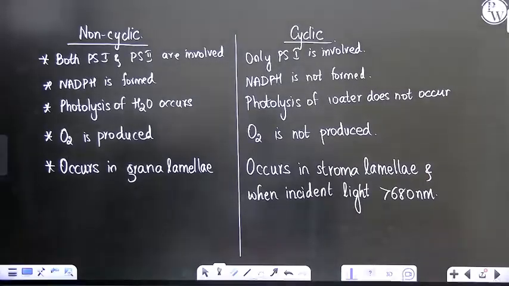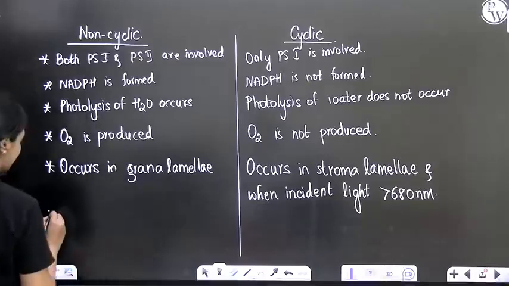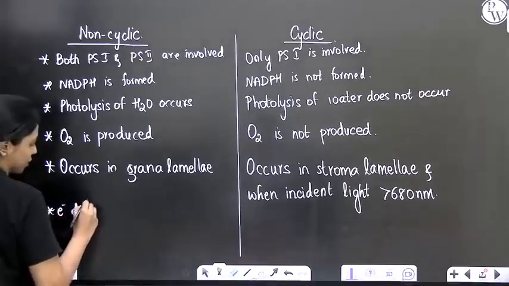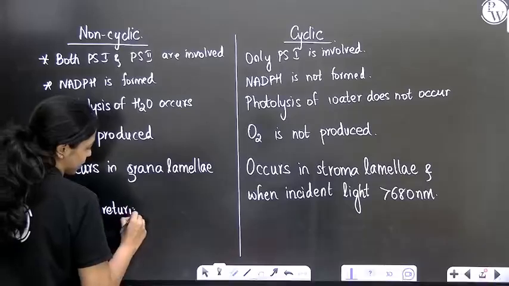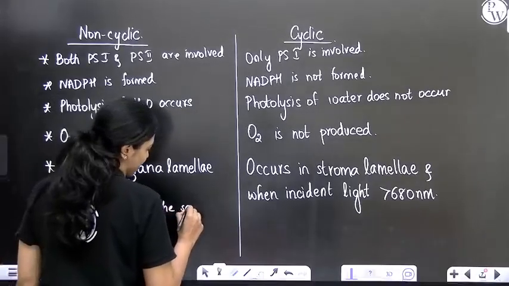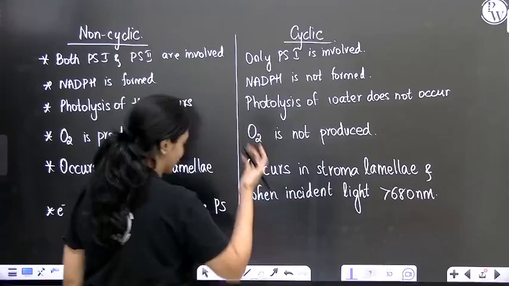Yes, Kirtana. Yes, Pratibha. Yeah, Sunetra has a point. Electrons don't return, electrons return. You can add that also. Electrons don't return to the same photosystem. That's the reason why we're calling it non-cyclic, right?